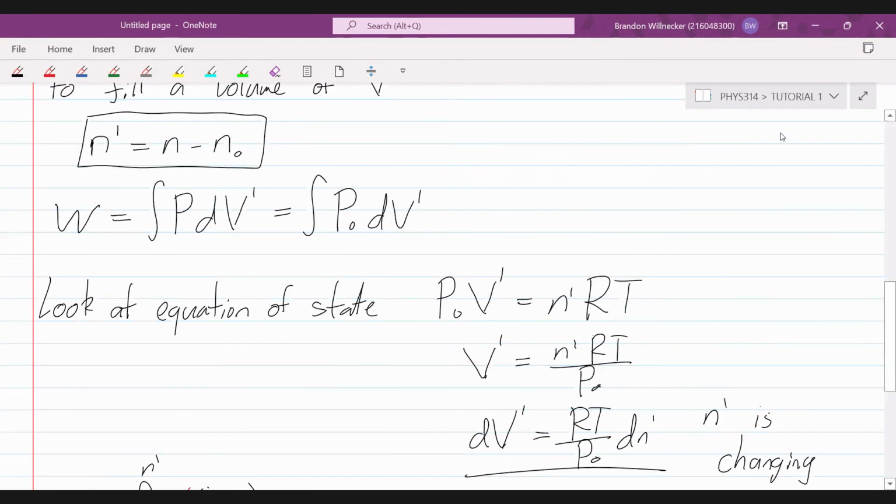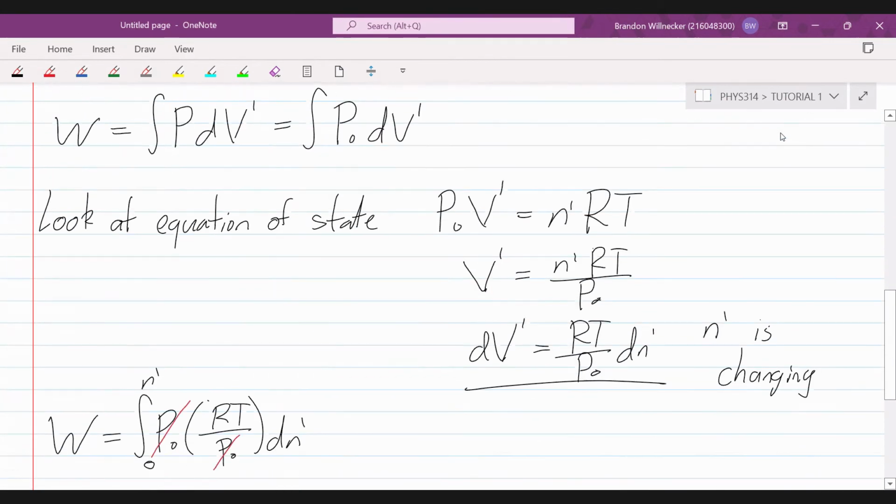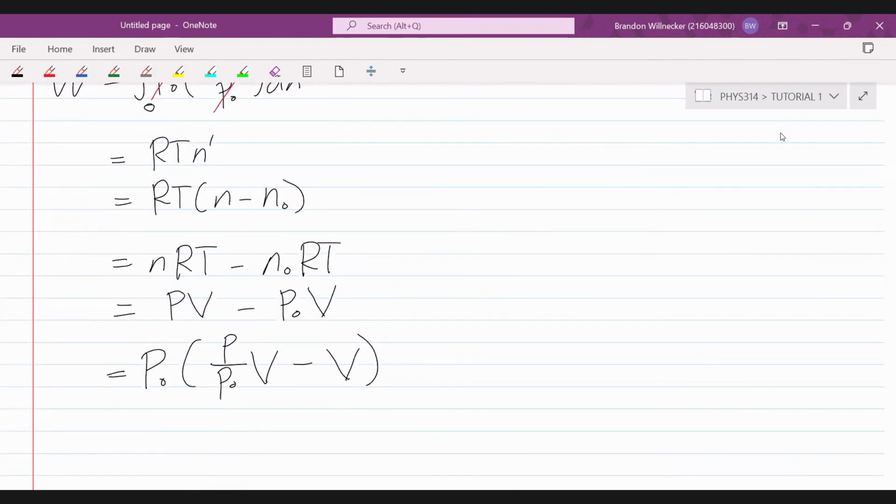Now, again, if we go back here, we wanted little v naught, which is the molar gas volume. So we need to find this molar gas volume for this first bit here. How do we do that? Well, we know that PV is equal to nRT. That's for this P over here, so I'll put the yellow there. Then this P at the bottom here, that's going to be green, that's P naught.